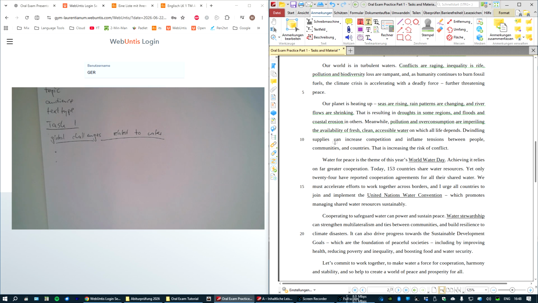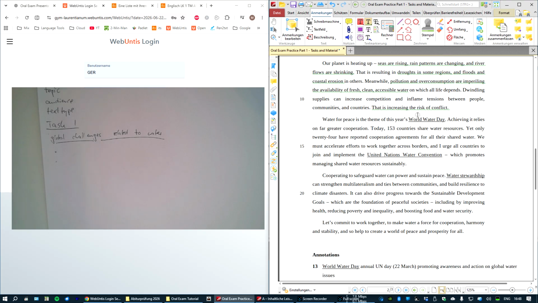So dwindling supplies, so the lack of supplies or supplies that are getting smaller. So increased competition, inflame competition, tensions, and overall risk of conflict. I think this sentence sums up the sentence before quite well.